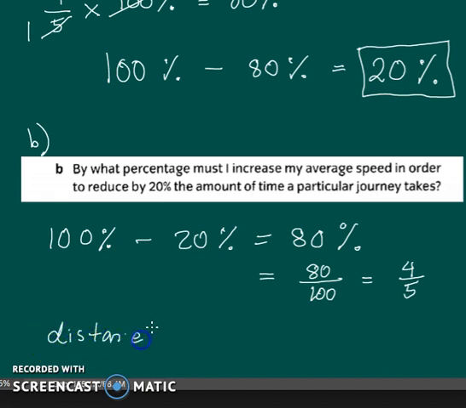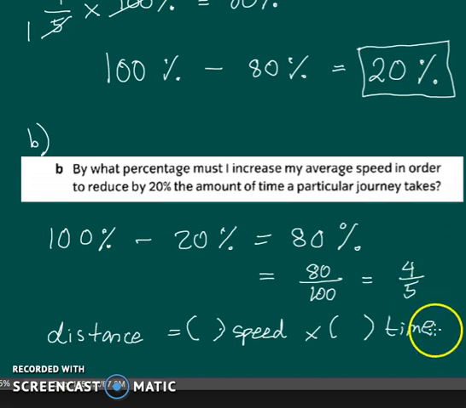Distance is equal to something multiplied by the speed times some fraction of the time. So we have done something to the time. We have reduced our time to 4/5 of what it took originally. And so now our speed is going to have to be the reciprocal of 4/5, which is 5/4.